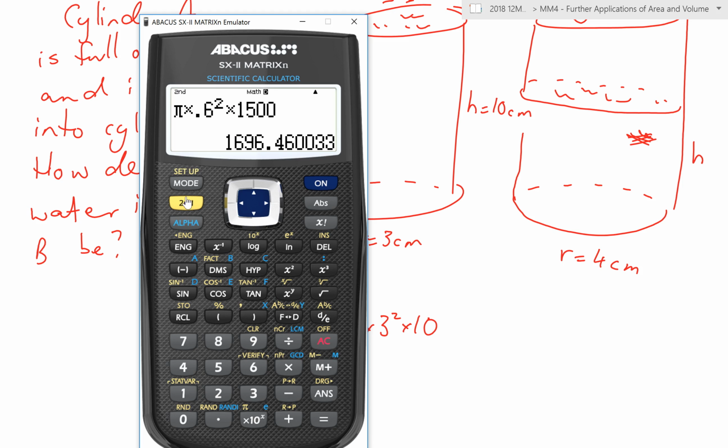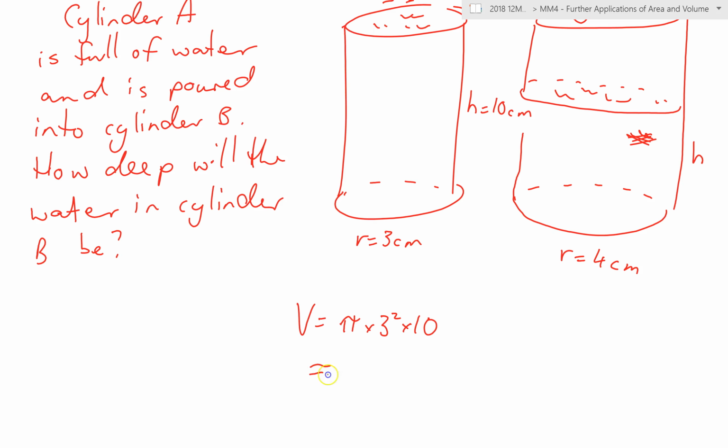Pi times 3 squared times 10 equals 282.7, approximately 282.7 cubic centimetres. Okay, so that's the start.